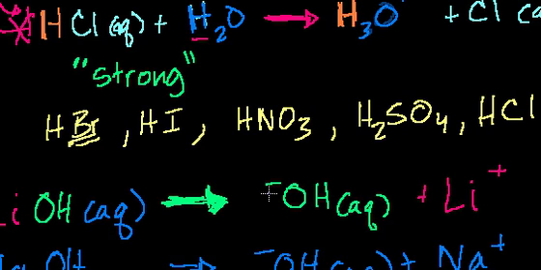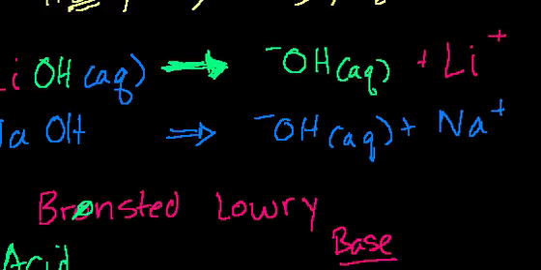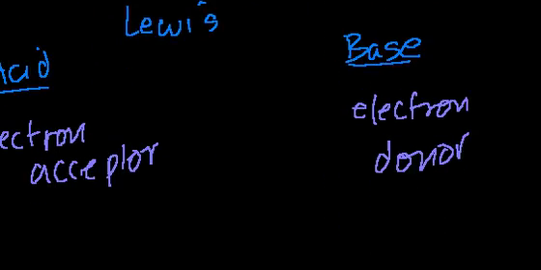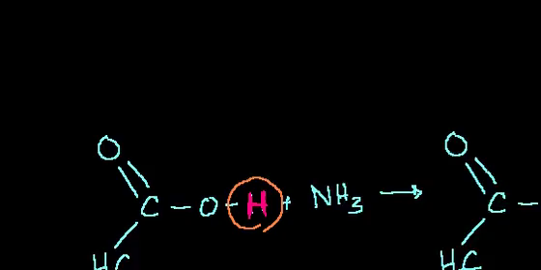You can say, hey, it's donating this OH, which has this negative charge, so it's an electron donor. I don't like it. It's kind of squishy that way, so I'm not a big fan of that definition. In my mind, Arrhenius makes the most sense, and it's the purest thing. Are you creating hydronium or not, or are you creating hydroxide or not? But just to show that the Lewis acid-base definition is the broadest definition.